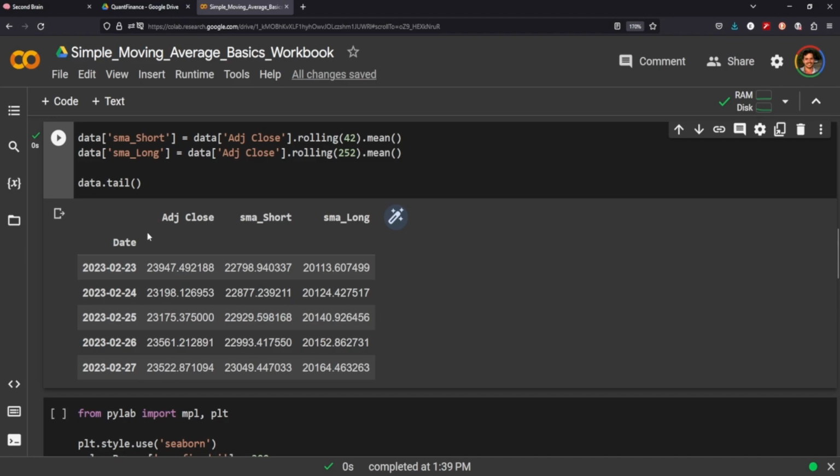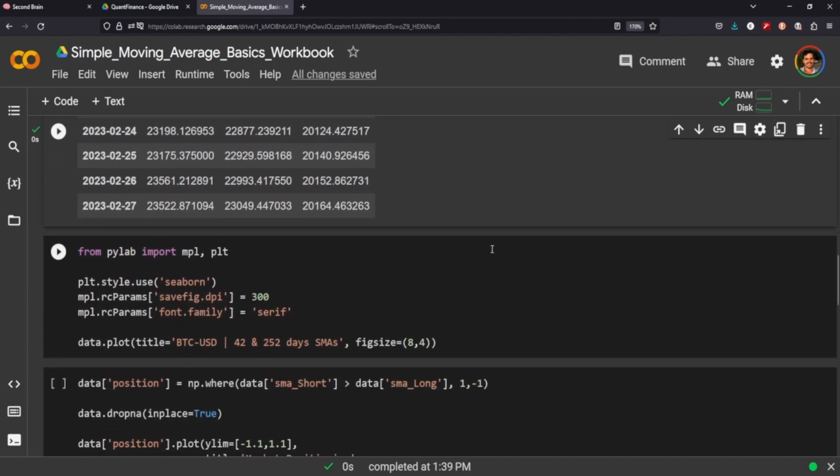So first, what you need to do is get a data frame that holds your adjusted close pricing, and then create columns for the simple moving averages. I called mine simple moving average short and simple moving average long, just so I know which line is which when I visualize it.